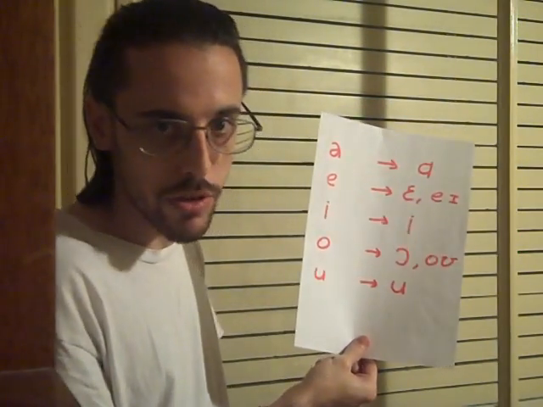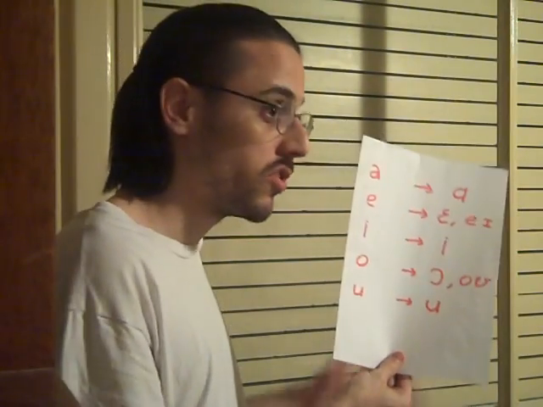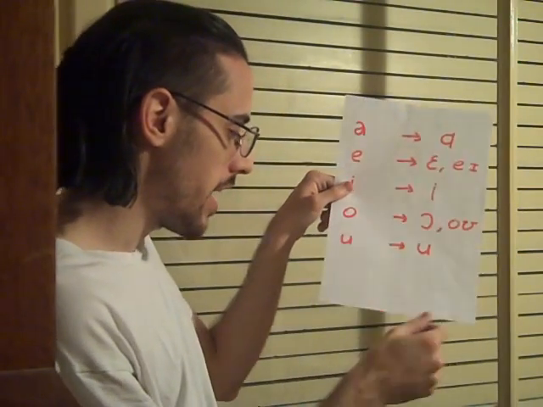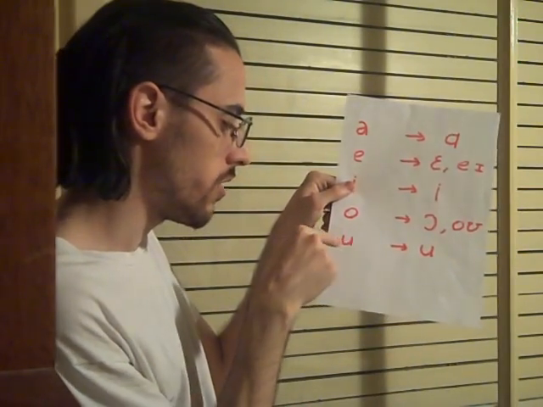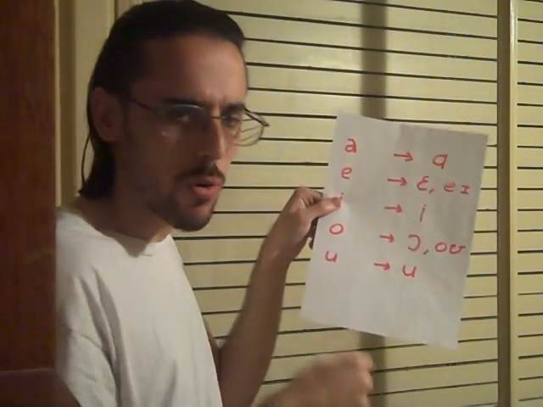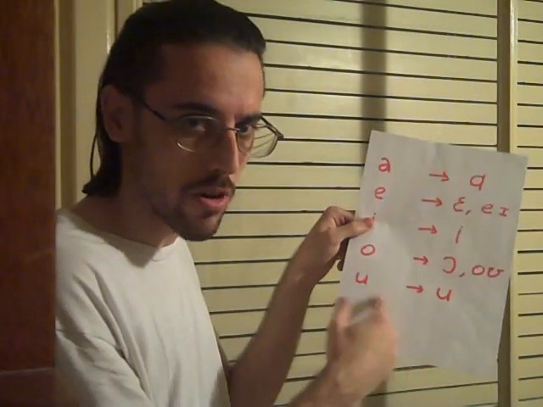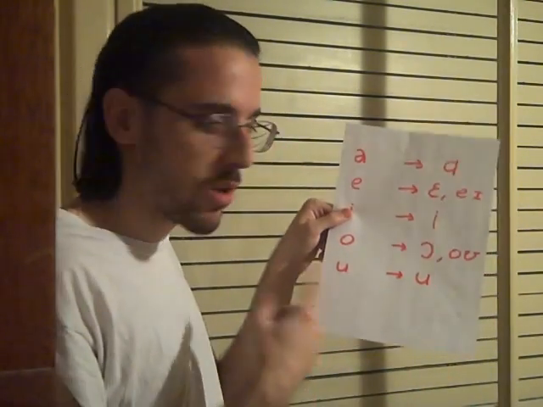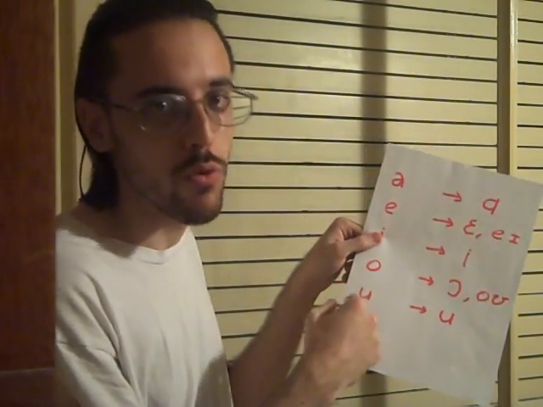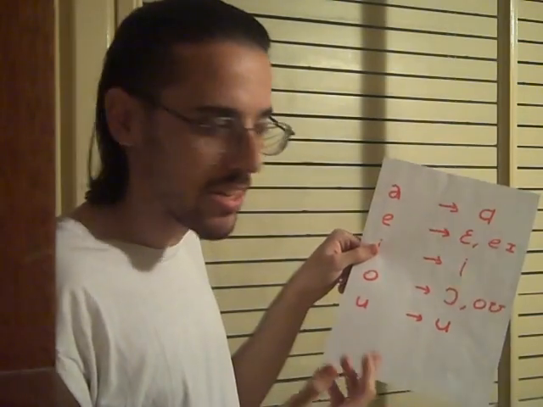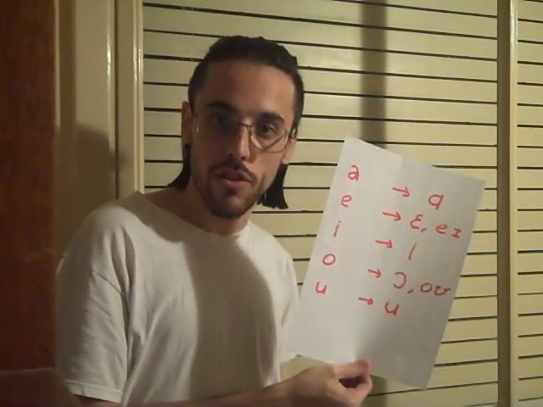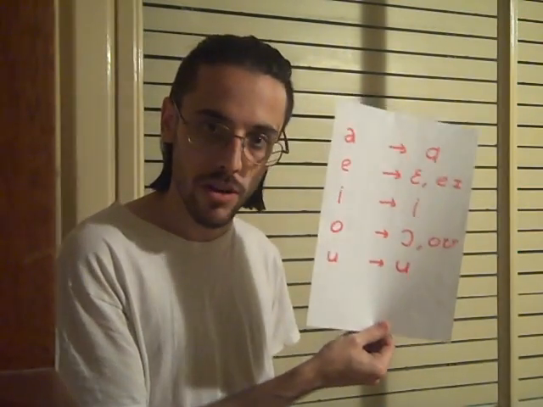Resulting in English speakers, for example, pronouncing the word for no, which is no, as no. And also Spanish U to English U, which are quite similar, and this is not really a communication problem because a Spanish speaker will map English U to Spanish U. So, not a big deal. Either way, it's interesting to note, and if you're looking to learn Spanish and are an English speaker, it might be wise to take a look at this.